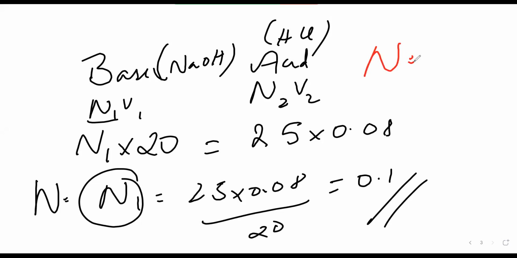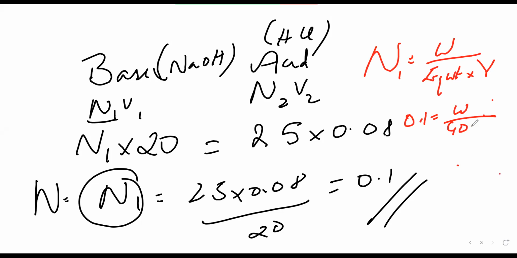The base, that is my N1: W by equivalent weight into volume, which is there in decimeter cube. N1 is 0.1. W I have to find. What is my equivalent weight? 40, for NaOH.